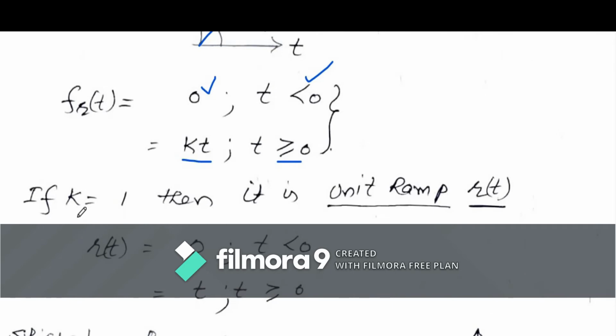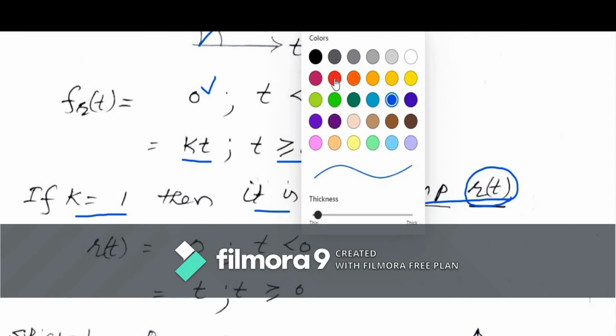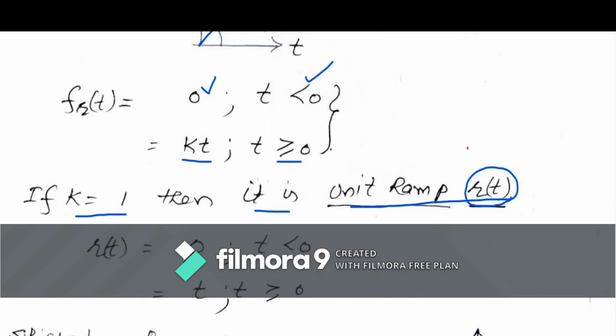If the value of K is 1, then this signal is called the unit ramp function, and it is represented with R of t. Here this R of t is 0 for t less than 0, and its value is t for t greater than or equal to 0.